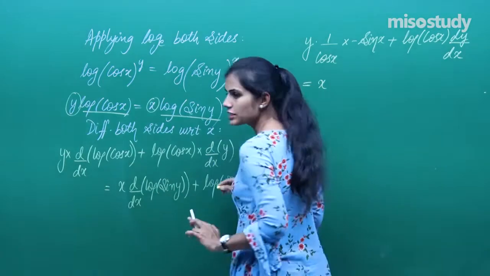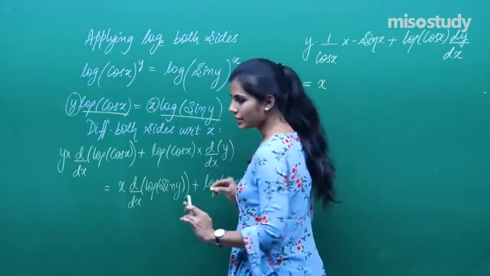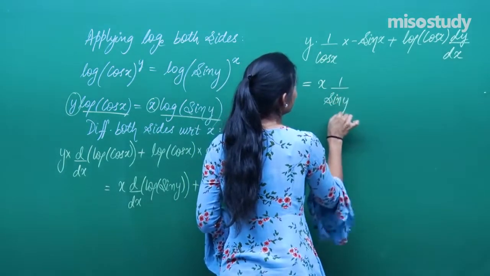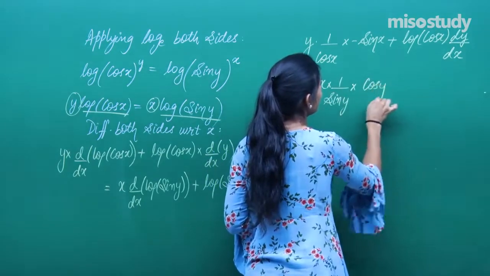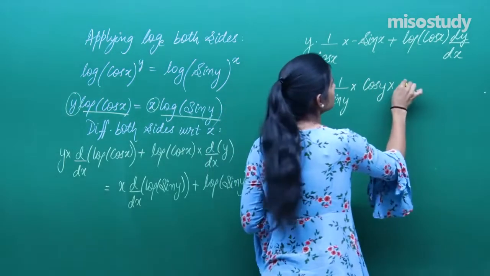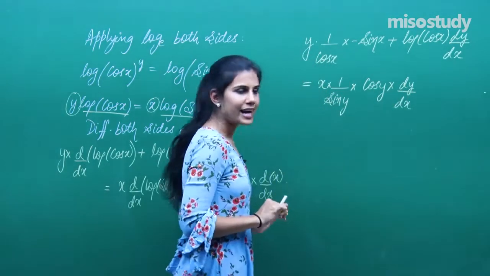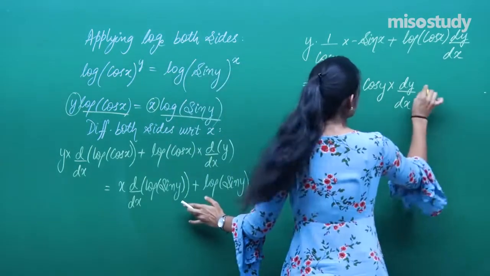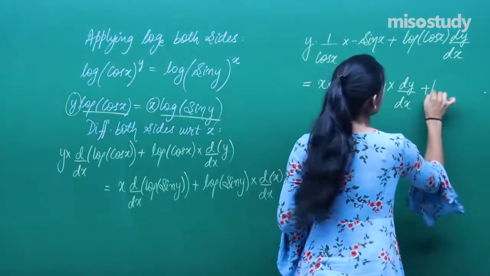Log sin y is first of all a function of sin y. So differentiate log sin y with respect to sin y, that is 1 by sin y. Then sin y is a function of y, so differentiate sin y with respect to y, which is cos y. Then y is a function of x, so you have dy by dx, so you stop here. Plus log sin y into d by dx of x is 1, so it is just log sin y.